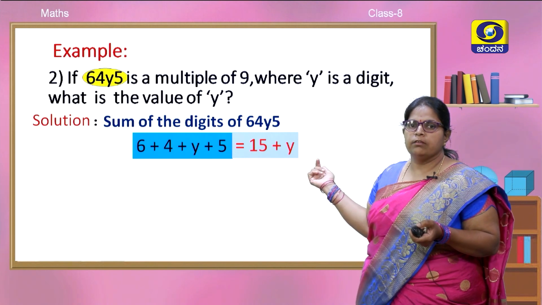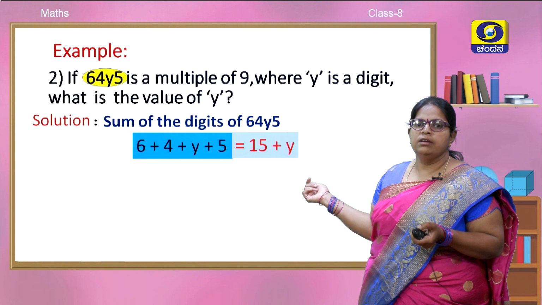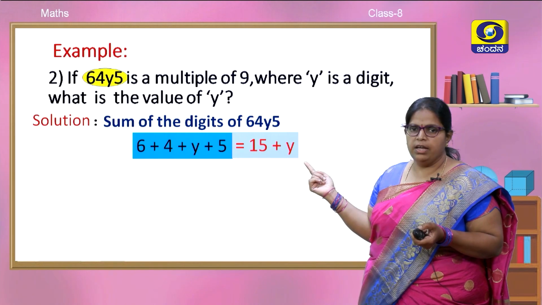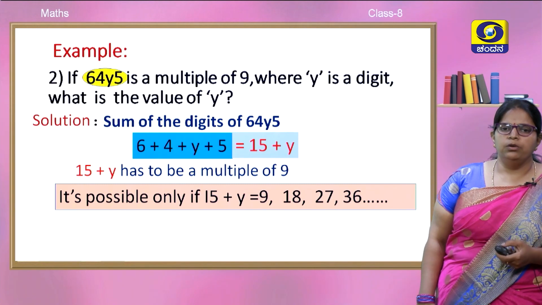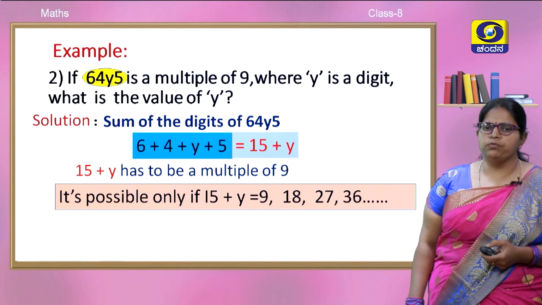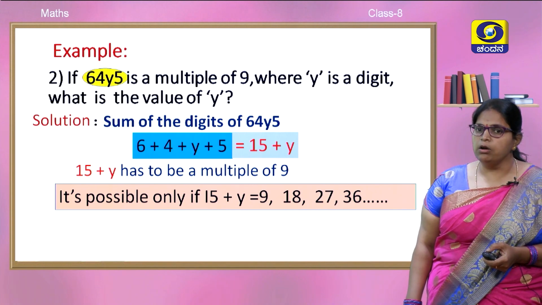So, if the number has to be divisible by 9, this has to be a multiple of 9. It is possible only if 15 plus y is equal to 9, 18, 27 or 36.